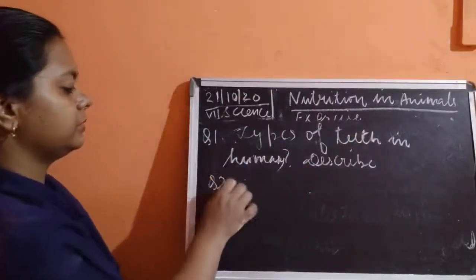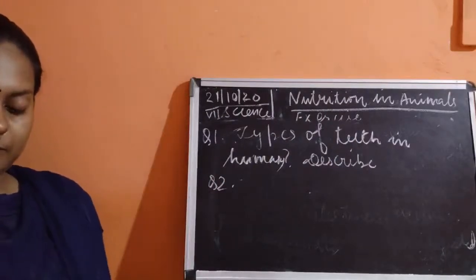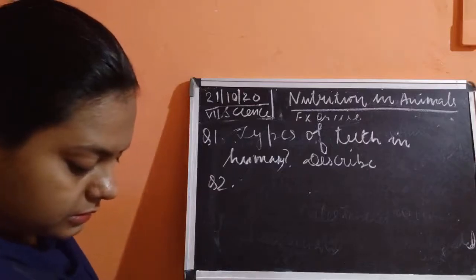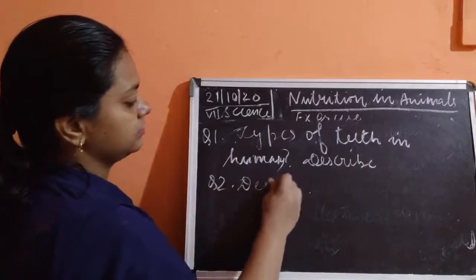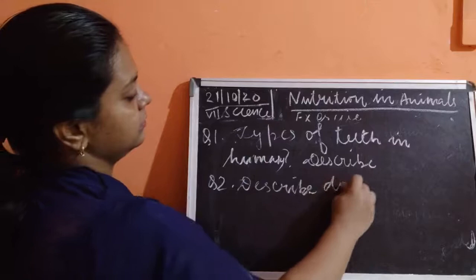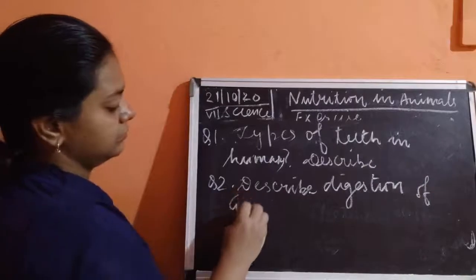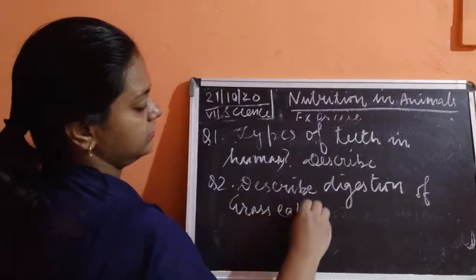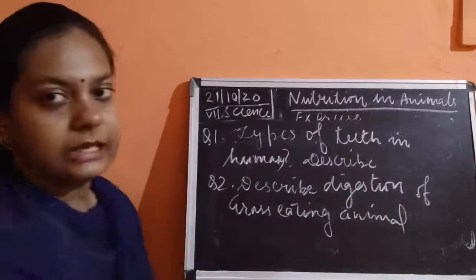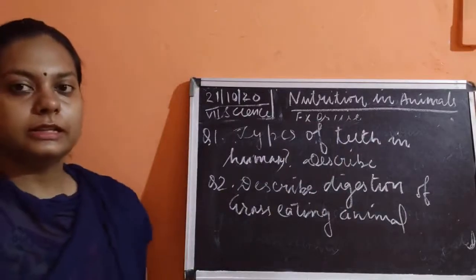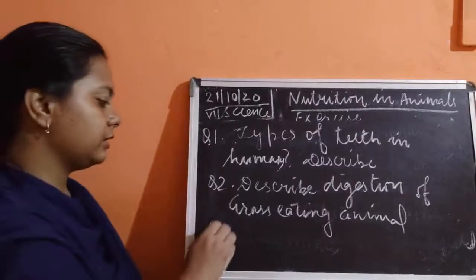Then question number 2, you can write down: describe the digestion of the grass eating animal, with a diagram. Okay, so you can easily write about these two questions.